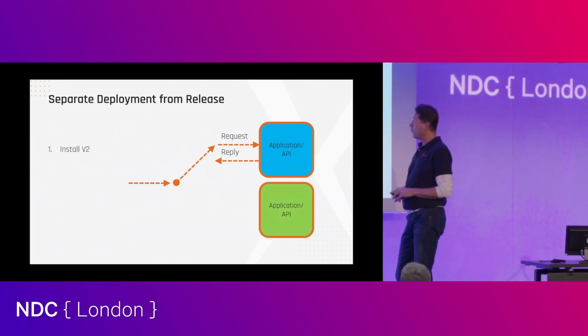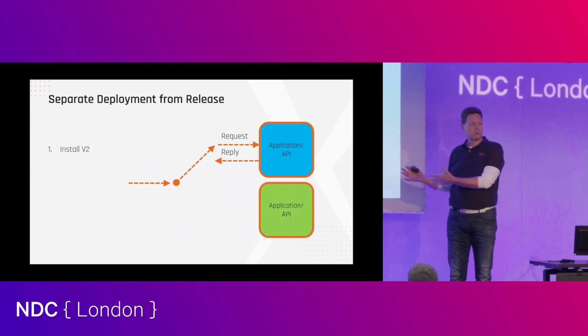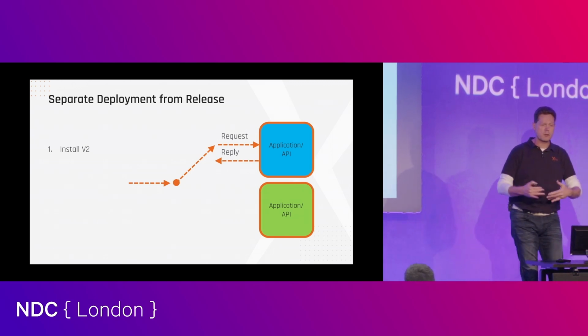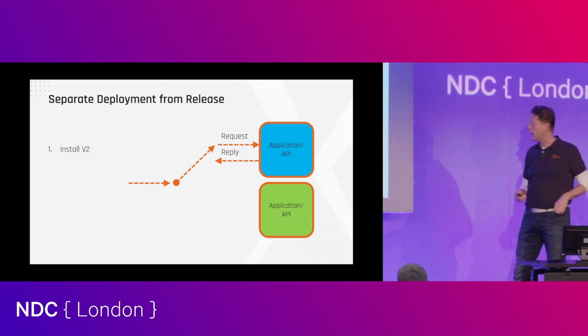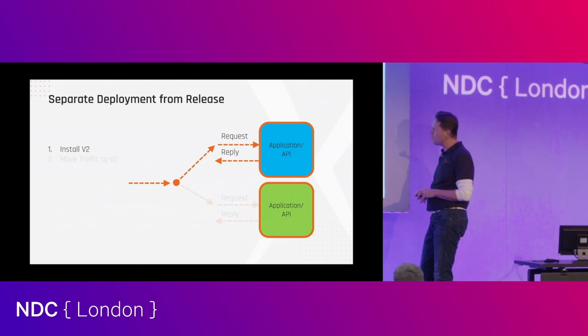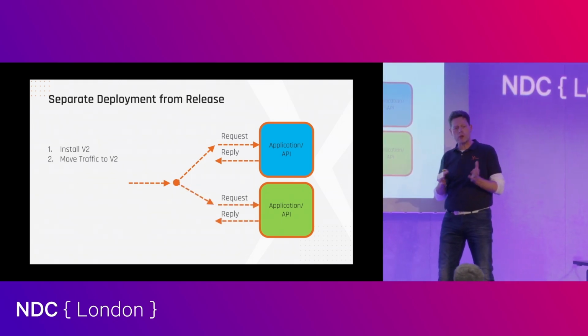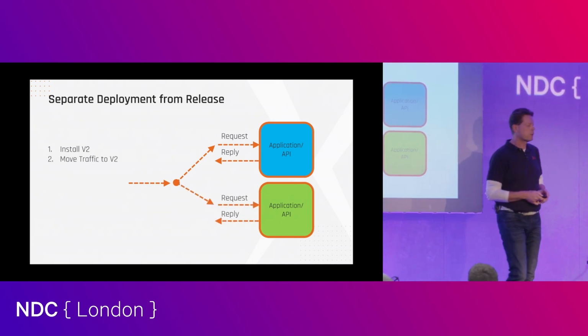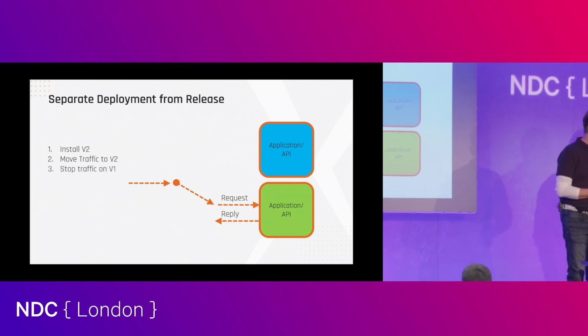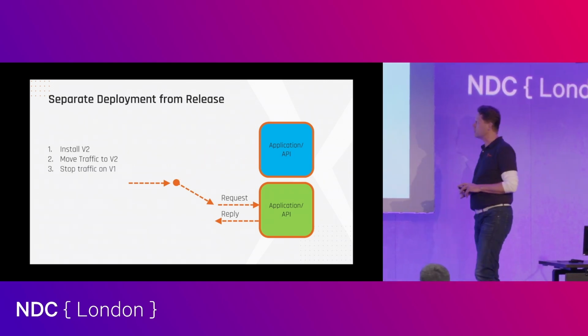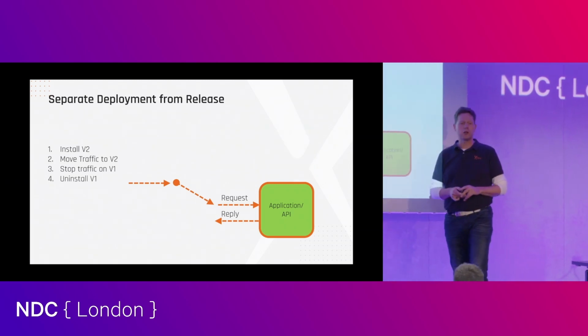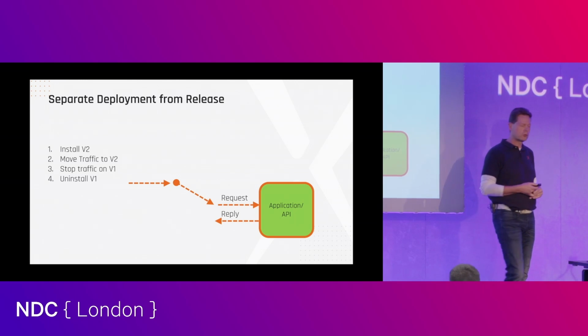So we are going to install version 2 on some separate piece of hardware, some separate piece of infrastructure that we have. Then we say, okay, let's move the traffic to version 2 of my application. Then the next step is, of course, we stop the traffic of application number 1, and then we uninstall the application. Rather simple, right? It's not that difficult.